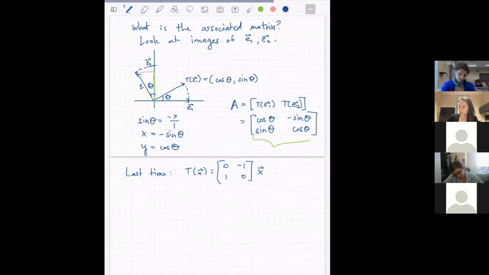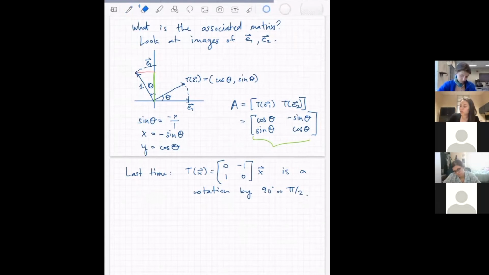And we saw that this is a rotation by 90 degrees, or pi over 2. And we can check that our formula works for this. If we plug in theta equals pi over 2, we should get this matrix right here.